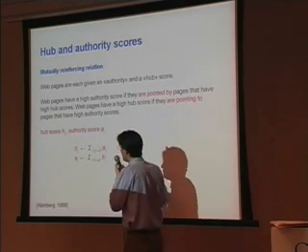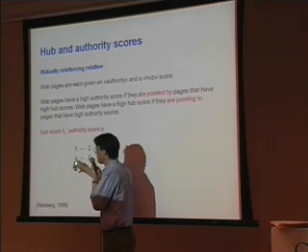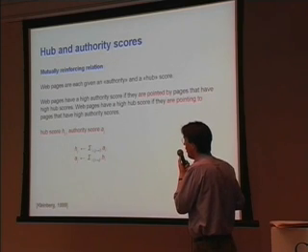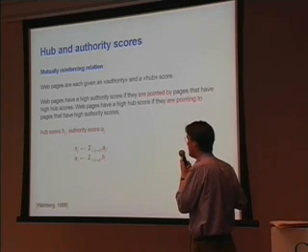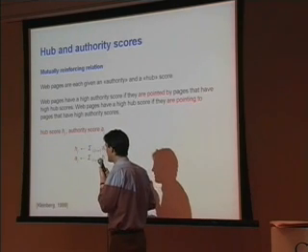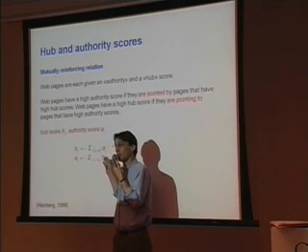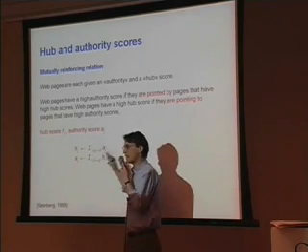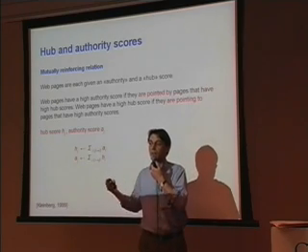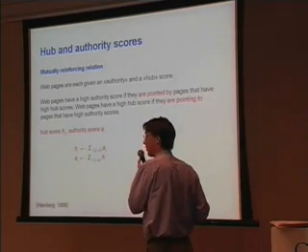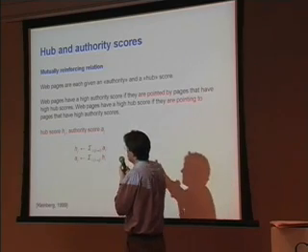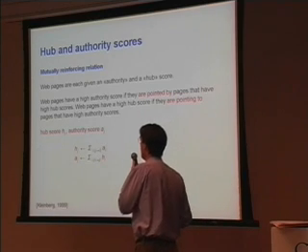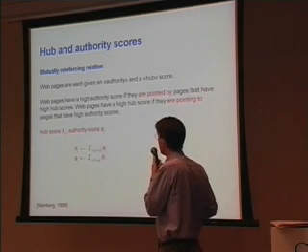These two vectors of hub scores and authority scores correspond to the dominant eigenvector of a matrix computed by taking the adjacency matrix of the graph multiplied by its transpose, and the other is the dominant eigenvector of the transpose multiplied by the matrix. So these are the singular vectors of the adjacency matrix of the graph. This is essentially the power method for computing eigenvectors, which is a well-known way of approximating eigenvectors of linear transformations.